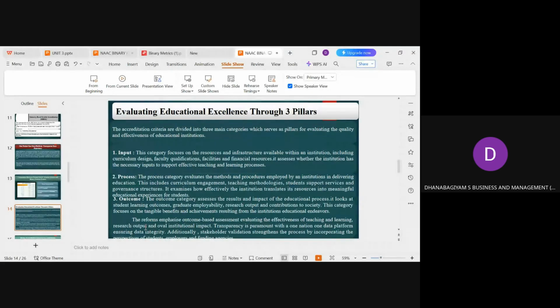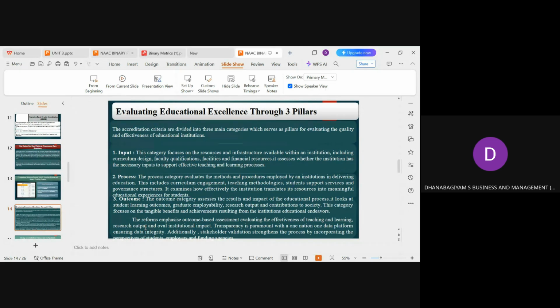And when you talk about the outcome, this talks about the rest of the attributes. Here, outcome assesses the results and impact of the education process. It looks into the students' learning outcomes, their examinations, whether choice-based credit system or any credit system, and whether we are evaluating the students' knowledge correctly with proper rubrics.